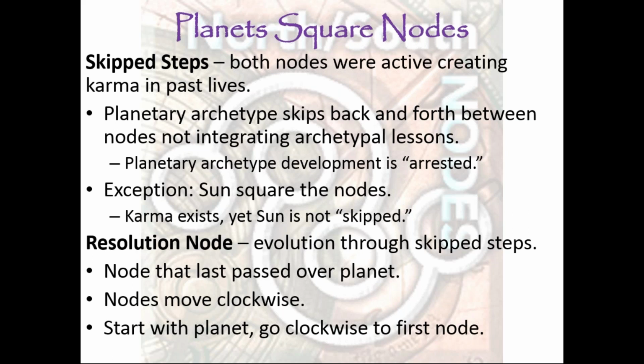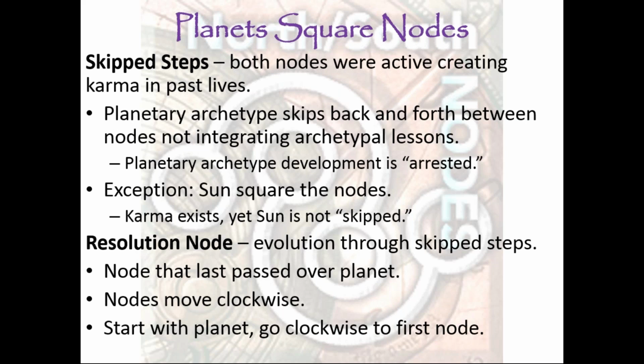Yes, that North Node still has some future to it, but you want to recognize both nodes were active in past lives. What happened, though, is that planet went back and forth between those two nodes in past lives, and it skipped over its own lessons rather than integrating them. So we call that planetary archetype's development arrested. It's not fully functioning.